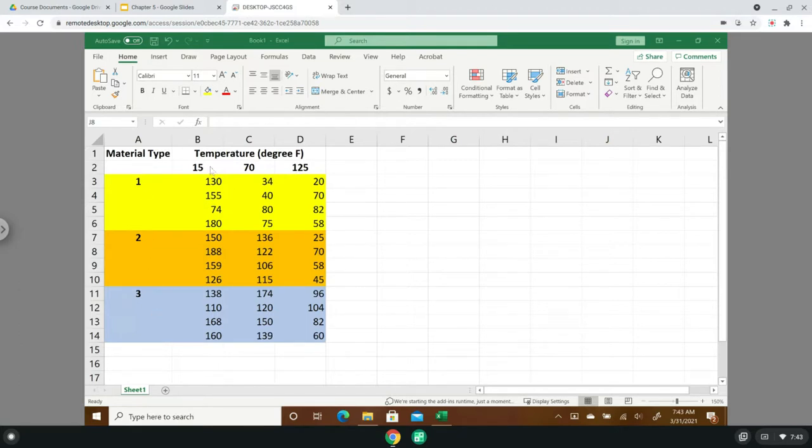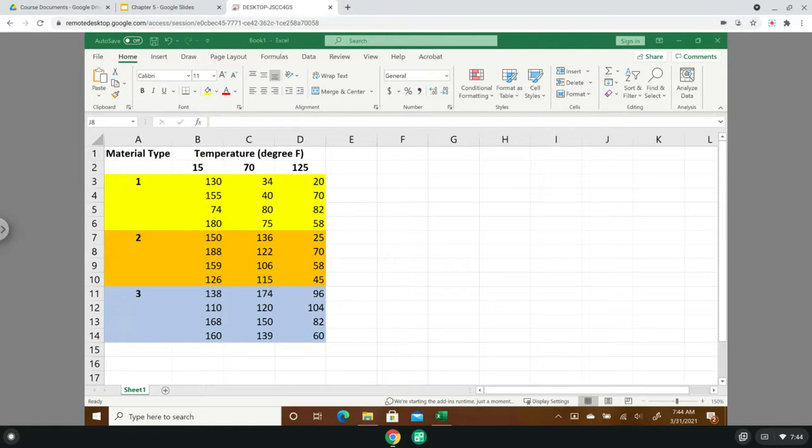Nine unique experiments at unique settings we can perform, and we are performing four experiments at each unique combination of the two factors. So the total number of experiments will be 9 times 4, 36. And what we have here is the battery life in hours: 130 hours, 34 hours. For each of those experiments, we measured the battery life, and that is listed here. So we have the data.